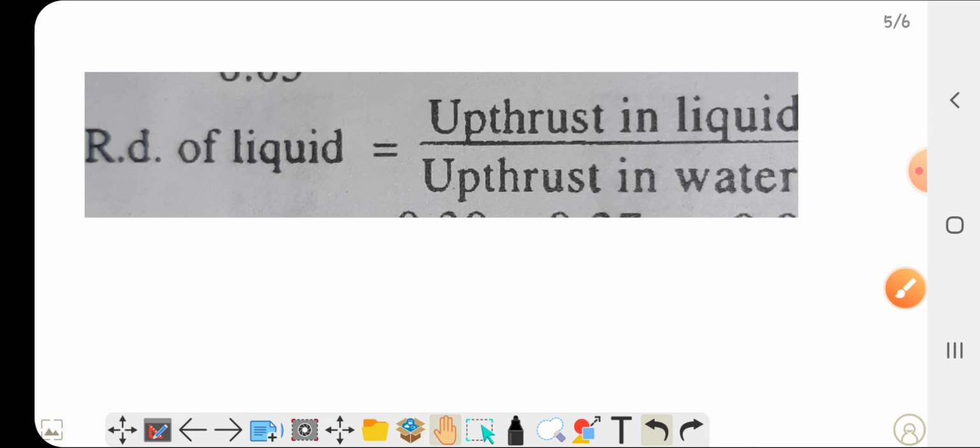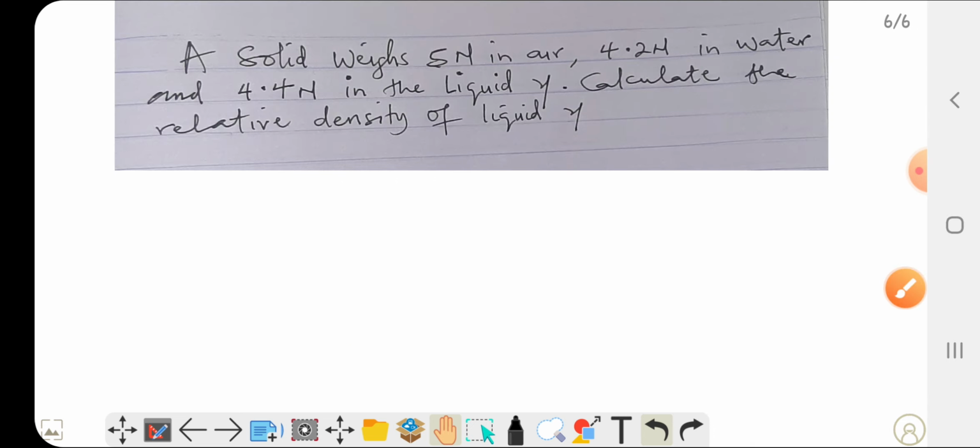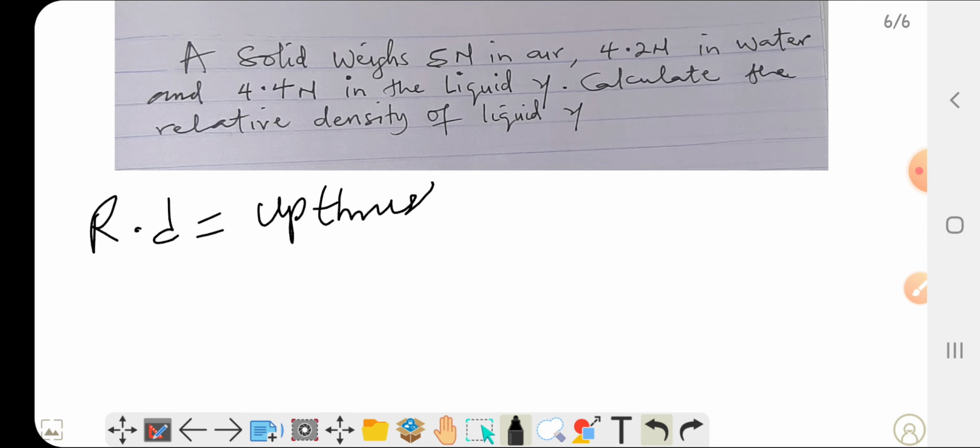So let's do that immediately. We just say relative density equals upthrust in liquid divided by upthrust in water.